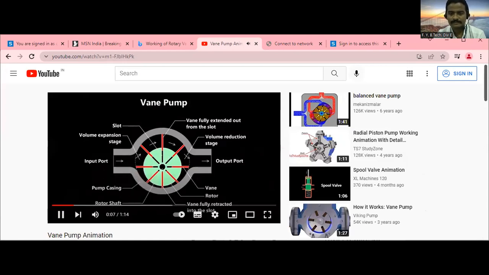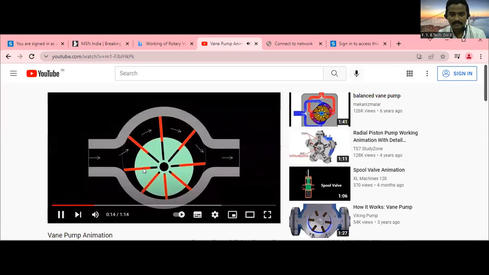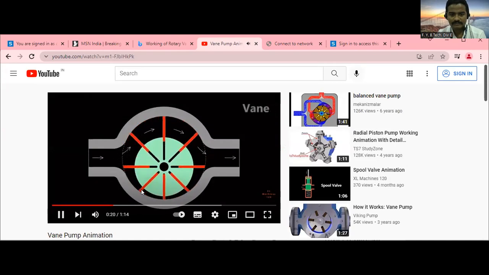Can you see the screen? Yes, sir. हा बघा हे कसं वेन्स आहेत बघा. So disk is rotating. So here area is smaller.